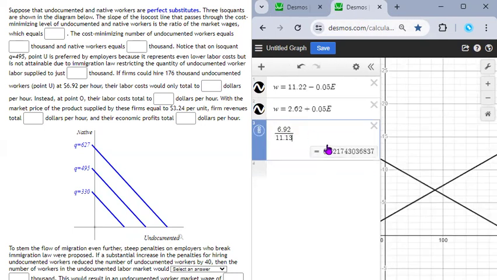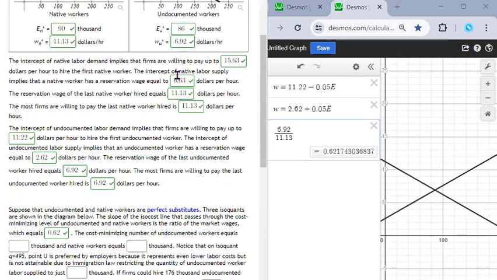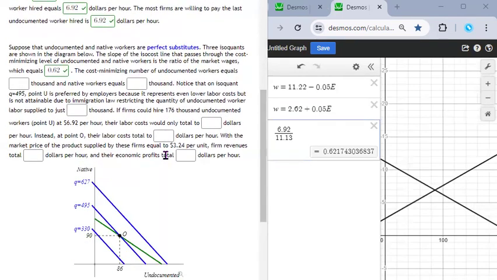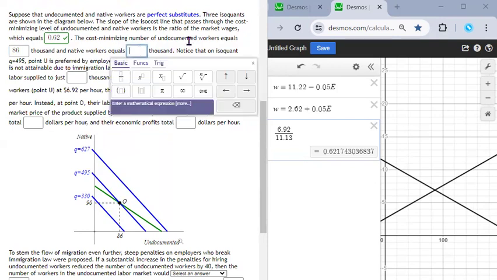And so the slope of that isocost line, which is going to reveal the cost-minimizing level, is 0.62, right? The cost-minimizing number, according to this diagram, is 86,000 undocumented workers and 90,000 native workers.